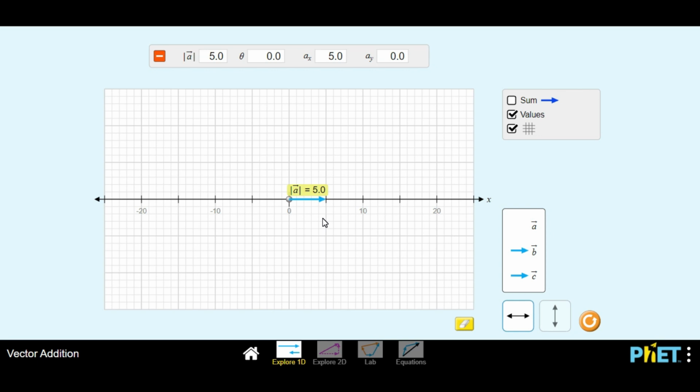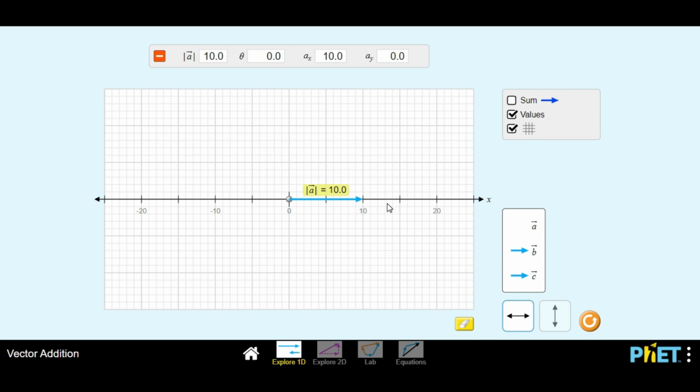So the length of the arrow represents the magnitude. The longer the arrow, the higher the magnitude. And the direction depends on the arrow direction, of course. For now I set the magnitude as 10.